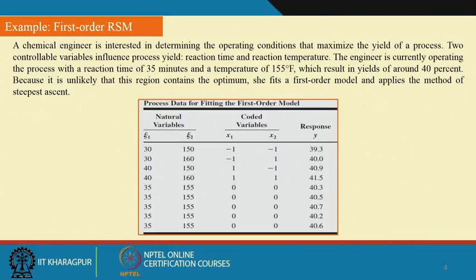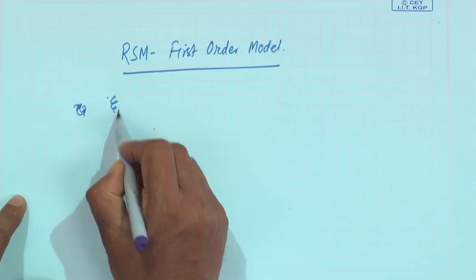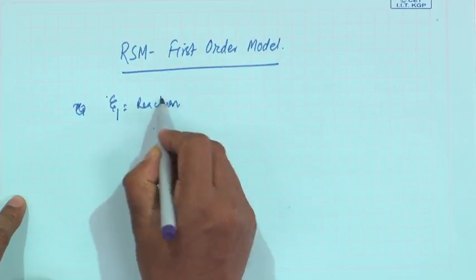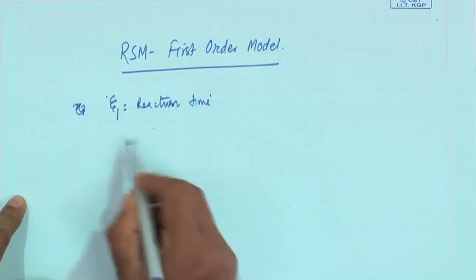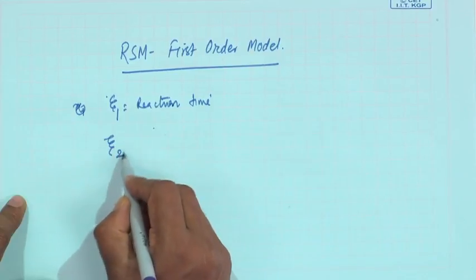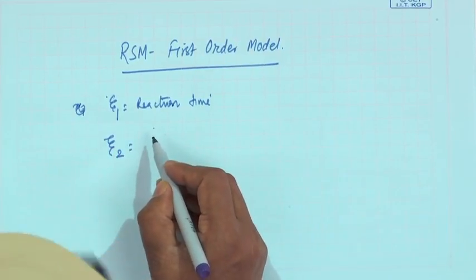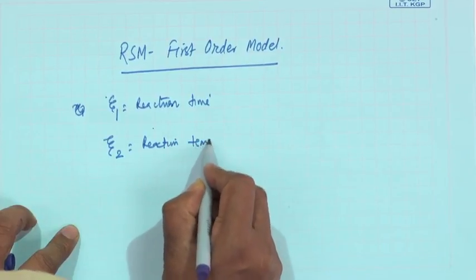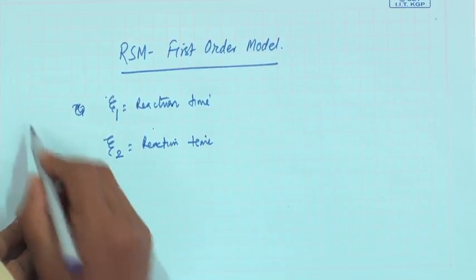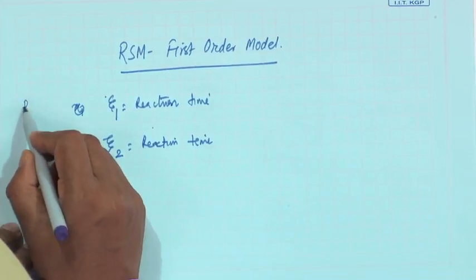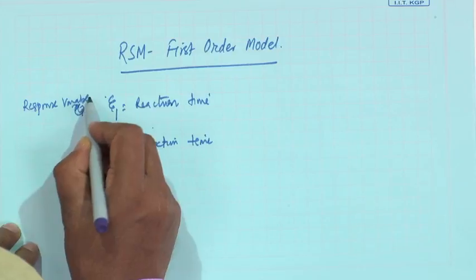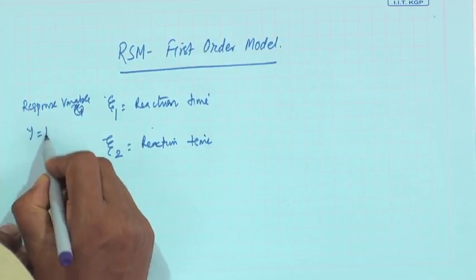One process variable, xi1, is reaction time, and xi2 is reaction temperature, and the response variable y is process yield.